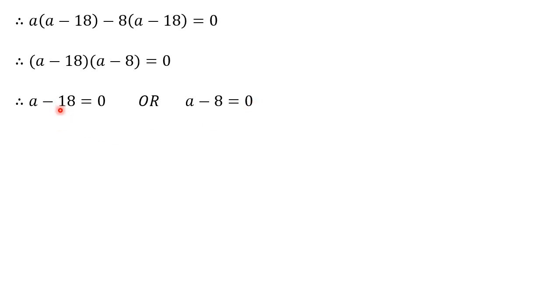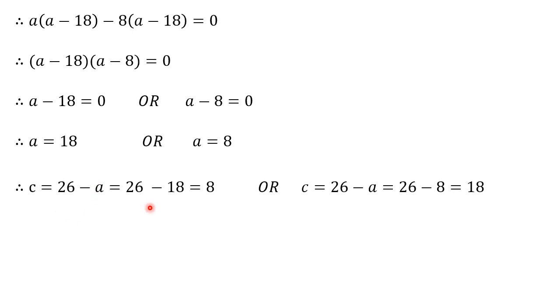Now this minus 18 we will shift to the right hand side. So here we will get a is equal to 18, and if we shift minus 8 this side, then we will get a is equal to 8. So in this way we got two possible values of a, that is either a is 18 or a is 8. And therefore we will get two possible values of c, as you know that c is 26 minus a. Just see the beginning part there.